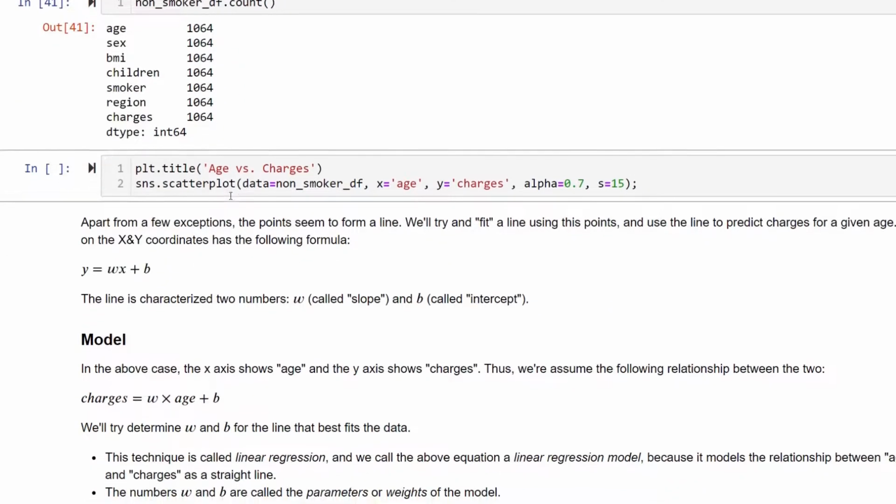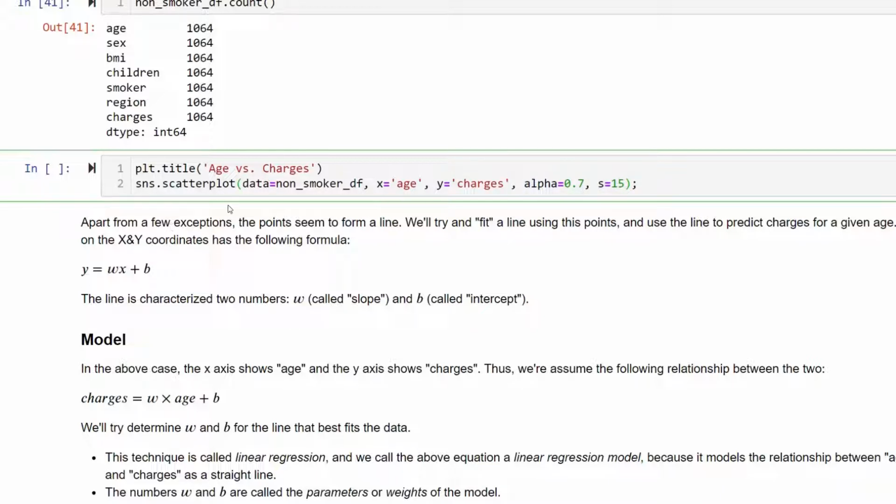And we are going to plot age versus charges. The ultimate goal is to find the charges, so we have to consider the ages of non-smokers as well. Let me plot a scatter plot with the data as non_smoker_df, which I have separated. On the x-axis I will give the age, and on the y-axis the charges, with alpha equal to 0.7 controlling the transparency of the points, and s equal to 15 the size.